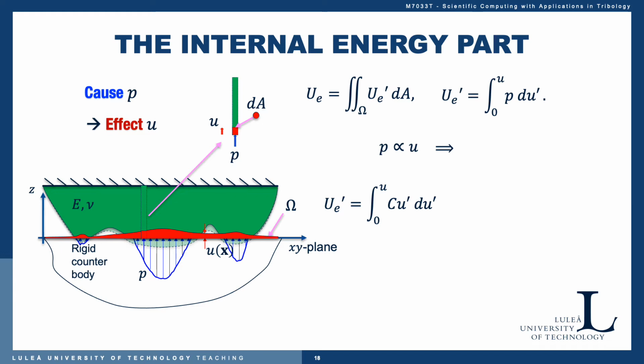So now we should integrate Cu prime du prime from 0 to U, which is easily done, and we just get Cu squared over 2. However, by means of the linearity between P and U, we can reformulate Cu squared over 2 as Pu over 2, as you see clearly here.